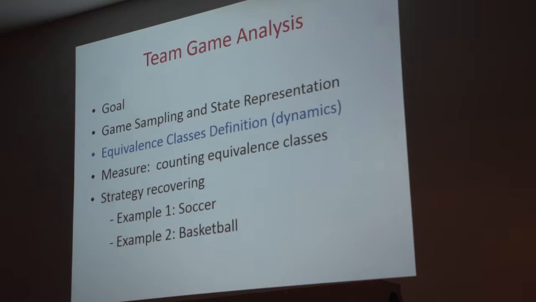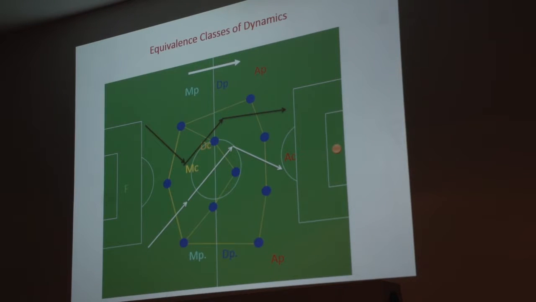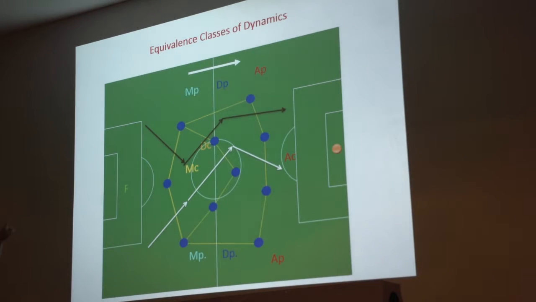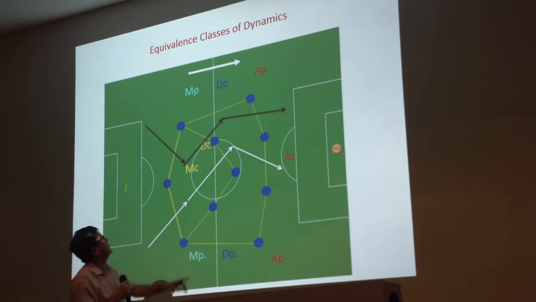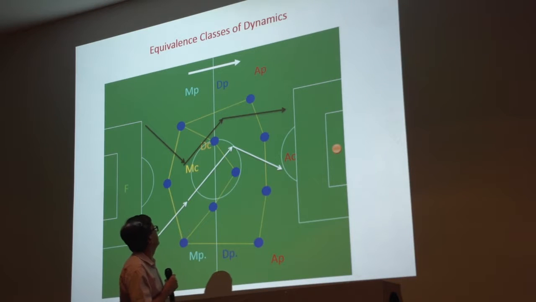What do we measure? From that, you do some measures. We need the concept of equivalence class for the measures. For example, suppose you have two movements, like this black one or this white one. According to this notation, both are equal. They begin in the region F, they go to the region MC, after they go to this region here, and finally they go to AC.